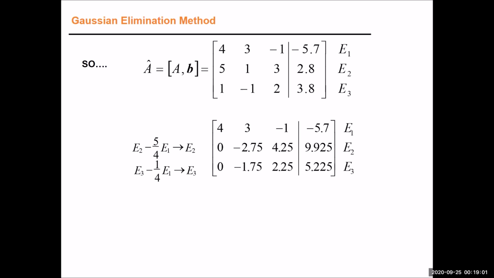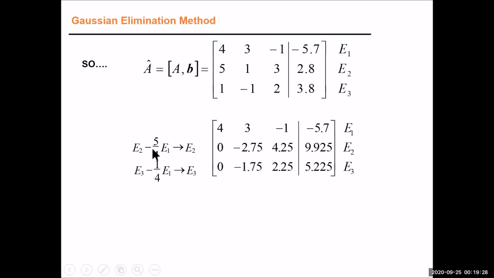The systematic procedure here is this. The number that we want to make zero is in equation number 2. We're going to multiply a special ratio, a special fraction, to the top equation, the diagonal equation, which in this case is E1.